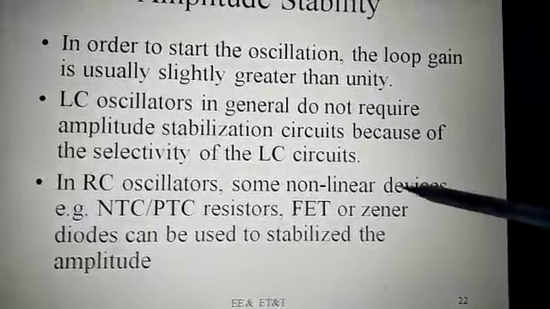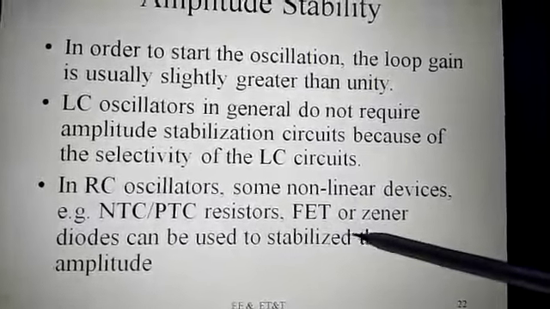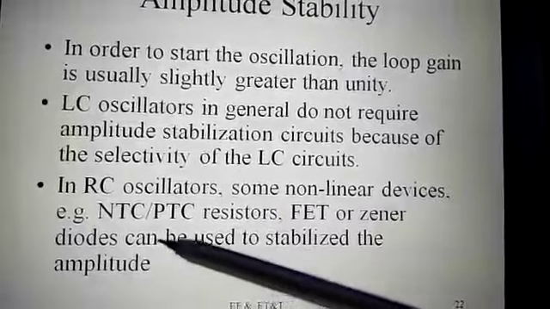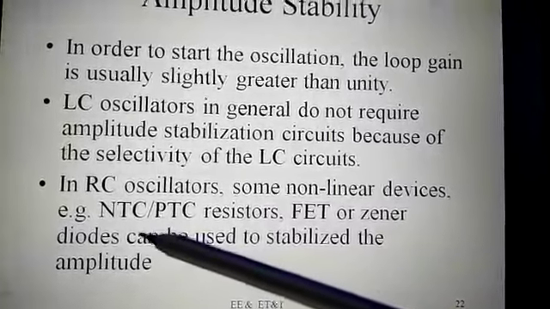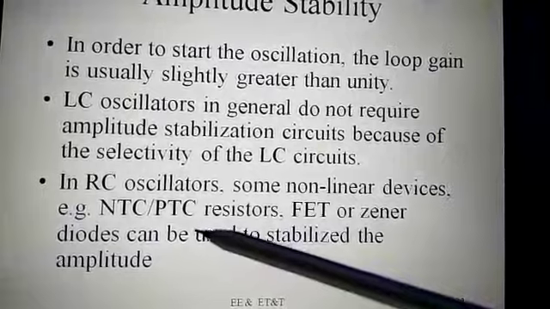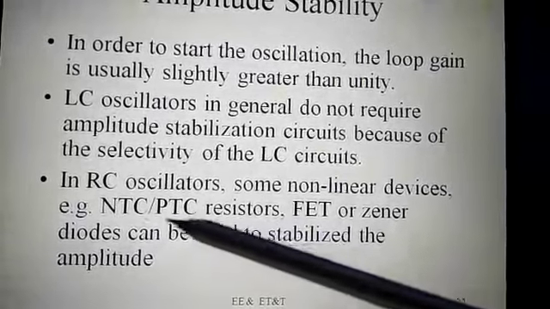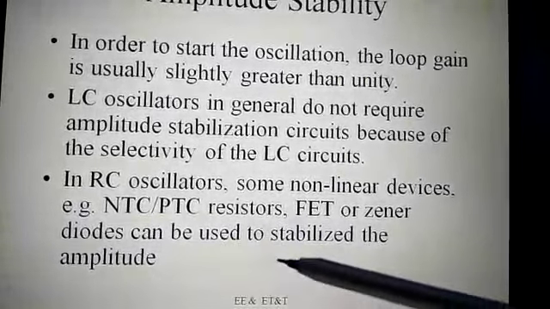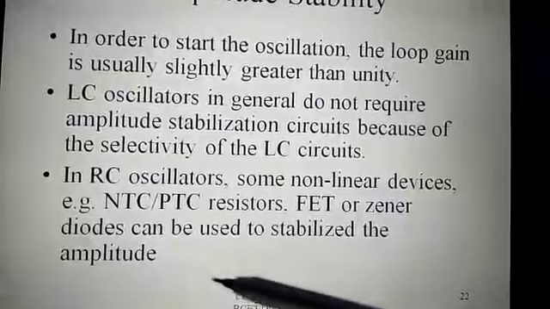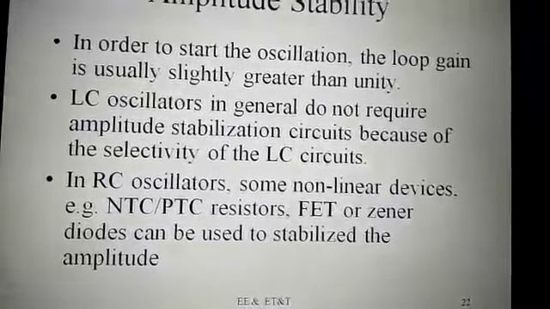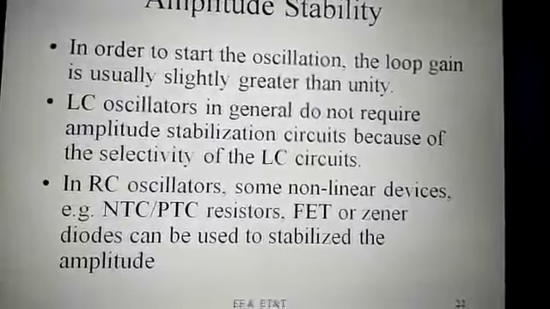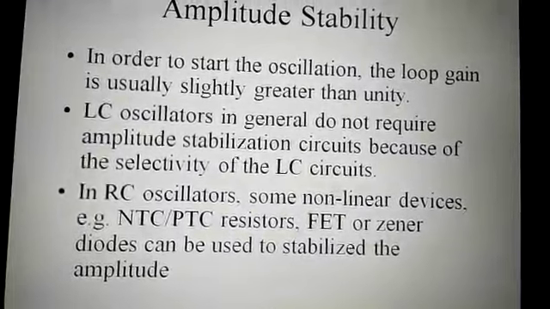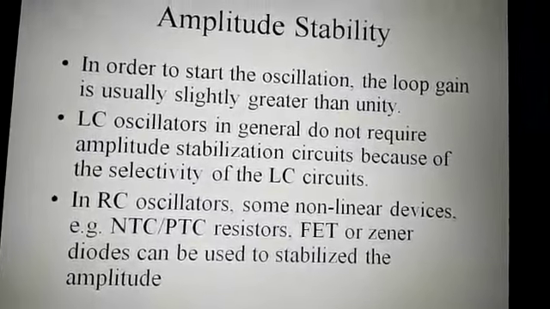In RC oscillators, some nonlinear devices, for example negative temperature coefficient and positive temperature coefficient resistors, called NTC or PTC resistors, FET or Zener diode, can be used to stabilize the amplitude. In RC oscillators, we sometimes need to stabilize the amplitude. So this is about the oscillators.